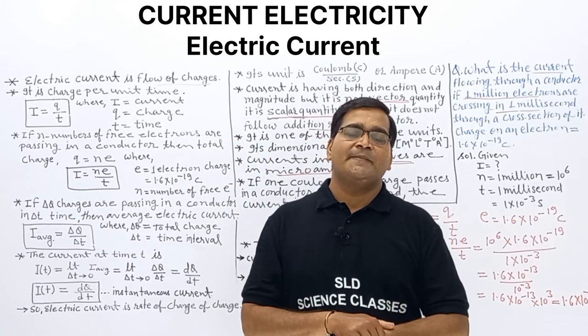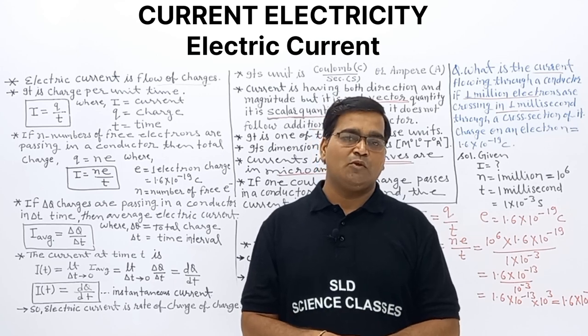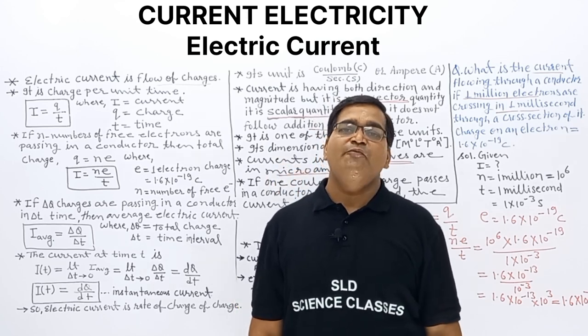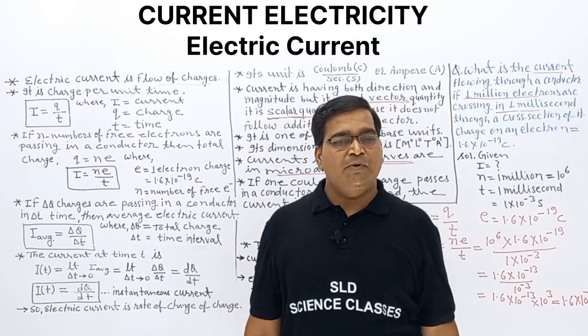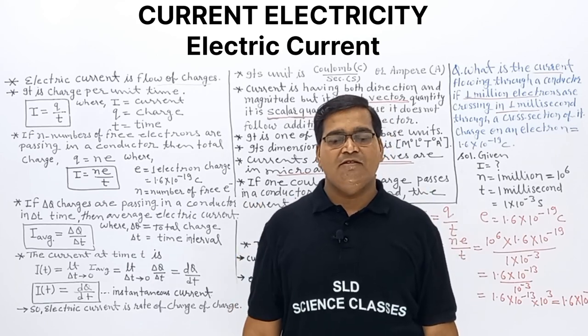It is your chapter, current electricity. You have one chapter, current electricity, and for understanding this chapter we should know these physical quantities.